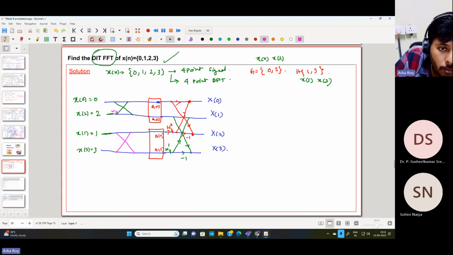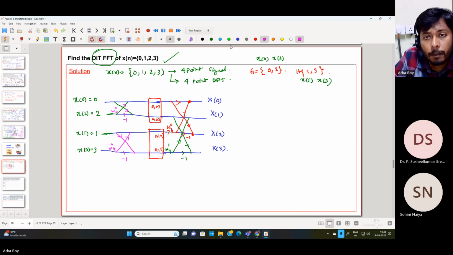So I can write it as W4^0, and over here also W4^0. I need to find what W4^0 and W4^1 are, and then proceed with the multiplication and addition. Over here it will again be -1, over here it will be -1, and the rows are like this.